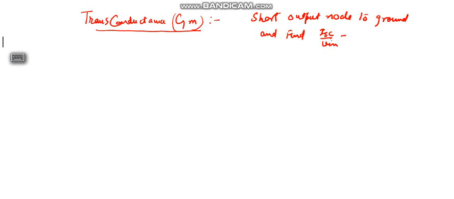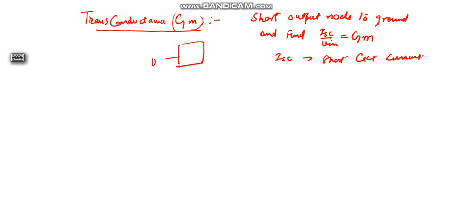ISC is basically short circuit current. So suppose this is the given circuit, this is V in and this is output. We will short this to ground, and this is ISC, the short circuit current, and transconductance is given by ISC upon V in.